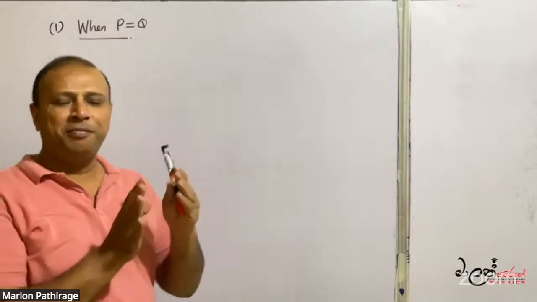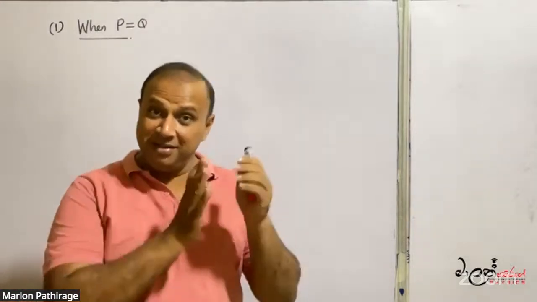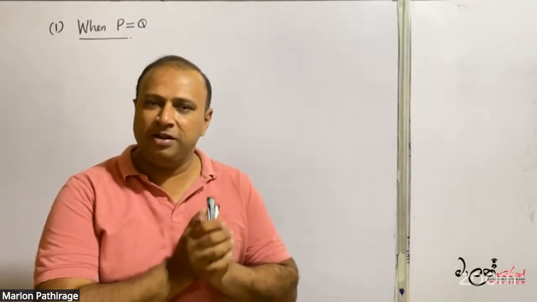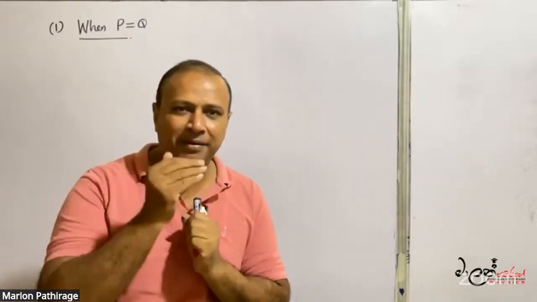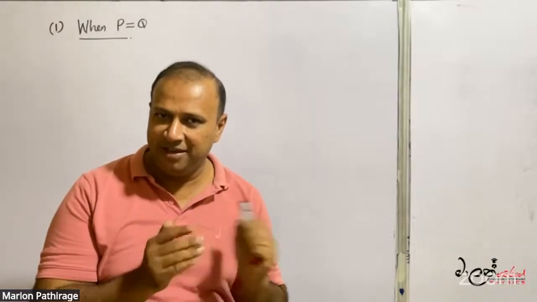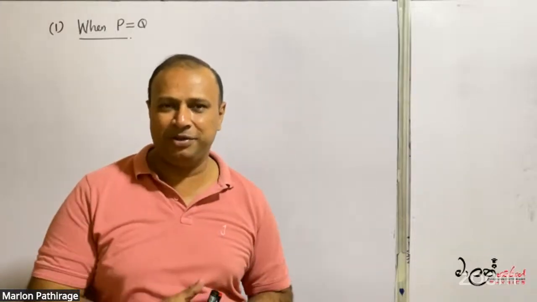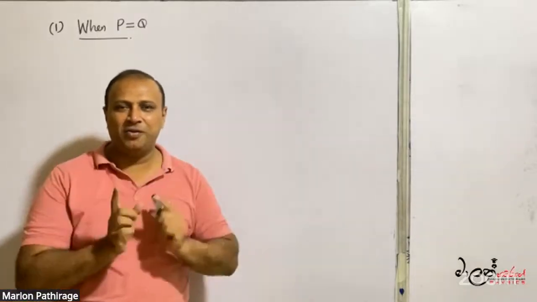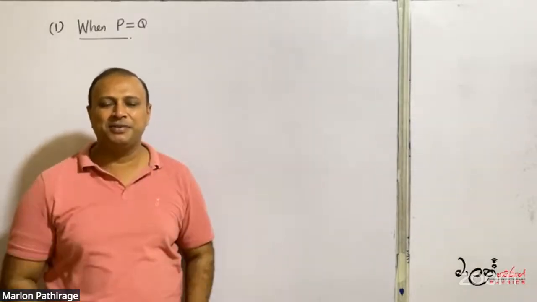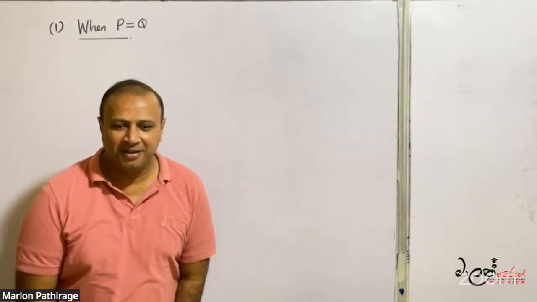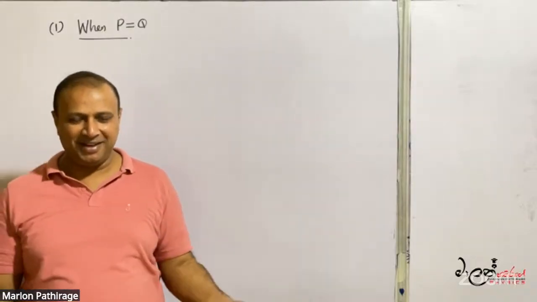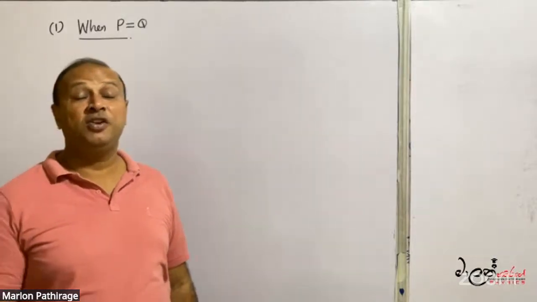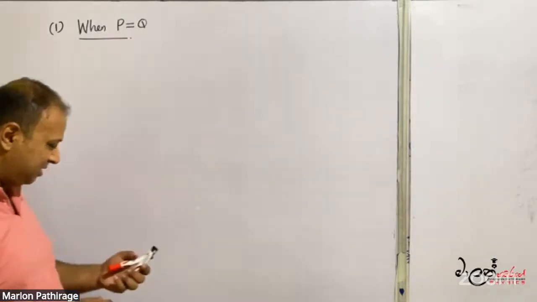So if P and Q are equal, as we discussed earlier, the parallelogram should be what kind of parallelogram? If P and Q are equal, it should be a rhombus.